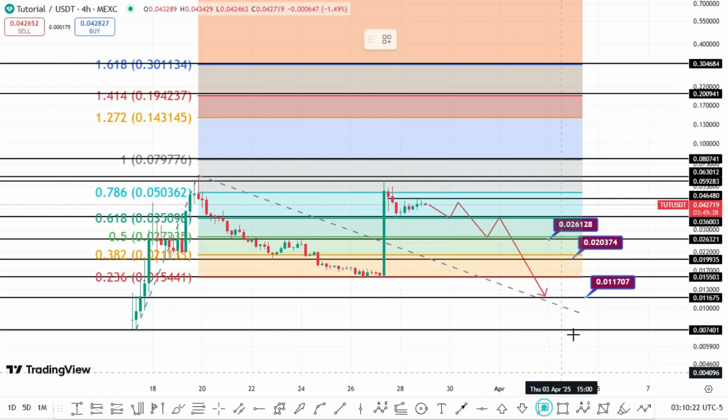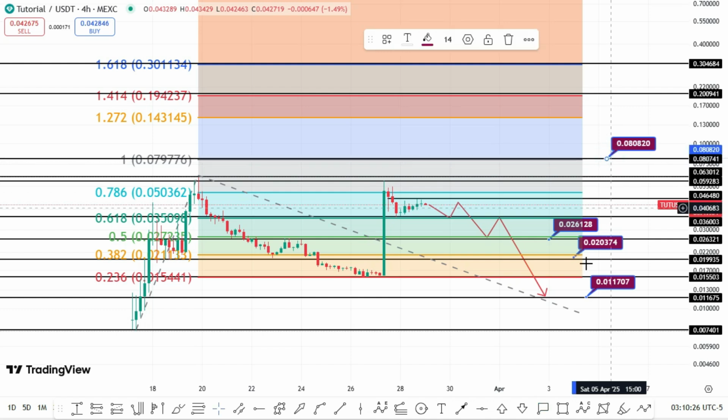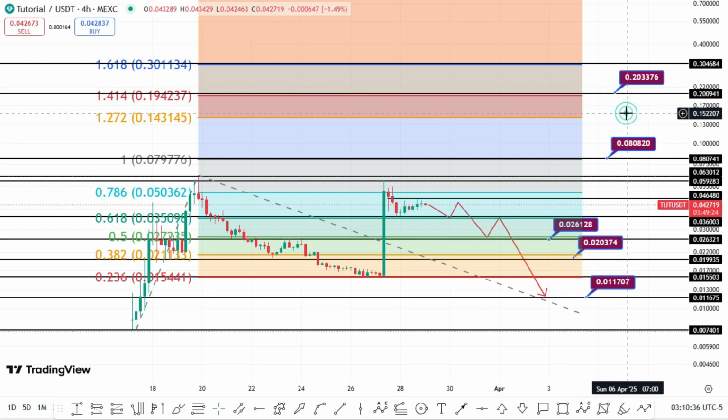So our bull run targets, as per current data, are 8 cent, 20 cent, and 30 cent. Sorry, these are the selling levels and price targets as per current data.